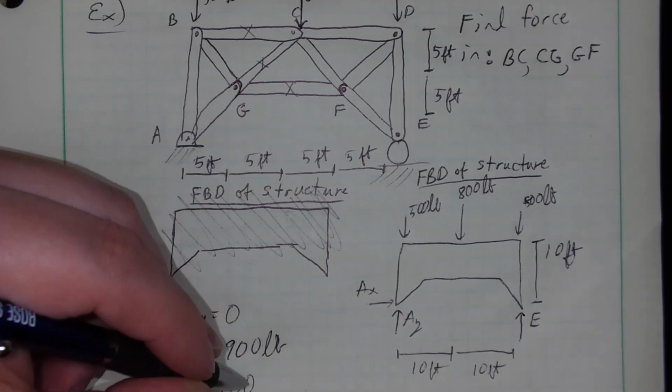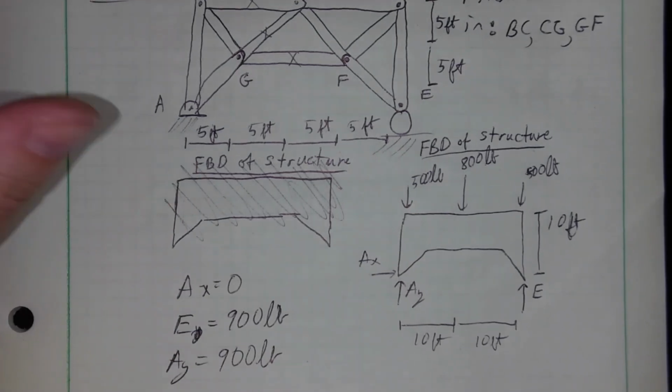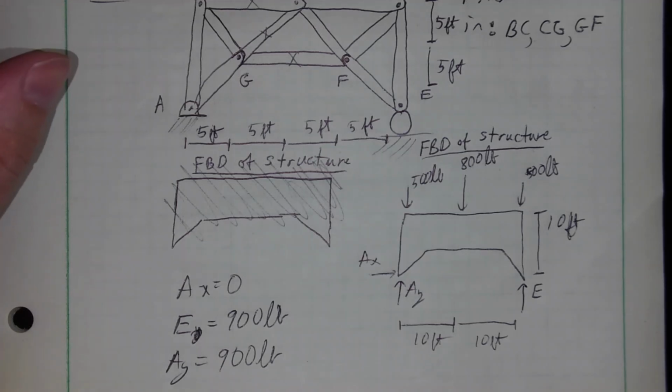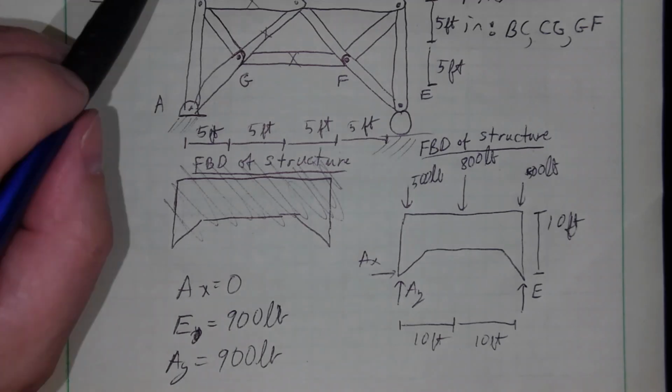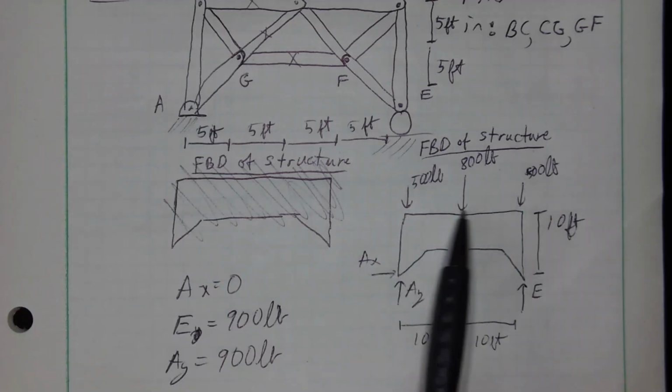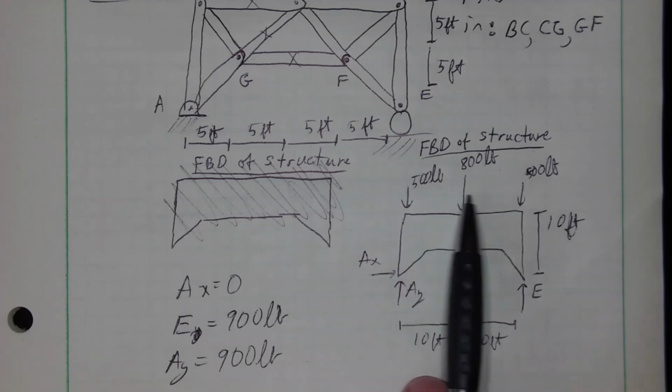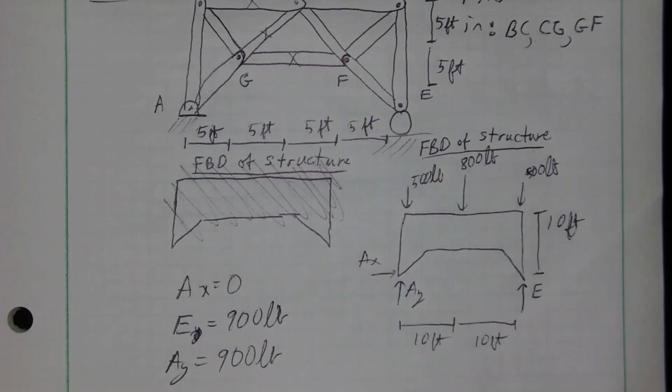If you wrote your equations out, you will probably find this. If you've done enough of these that you're comfortable, you can see from the moment equations it's just an even distribution, so it's evenly distributed between those two. Doesn't always work out that way, but in this case it did.